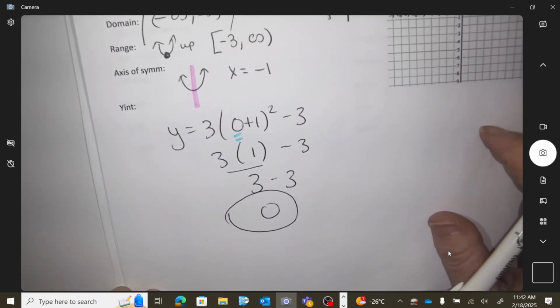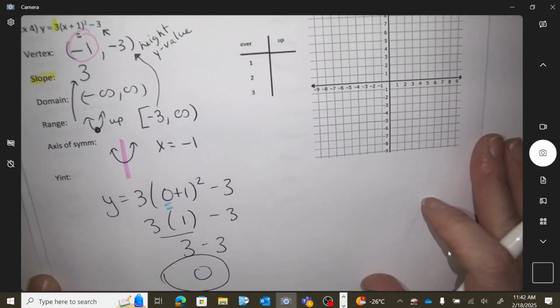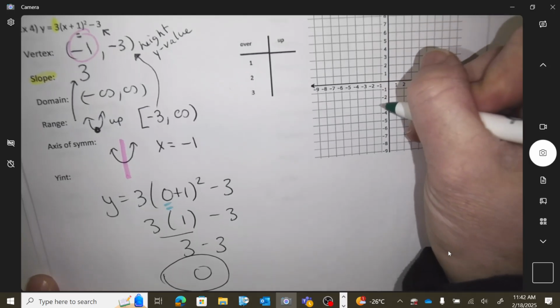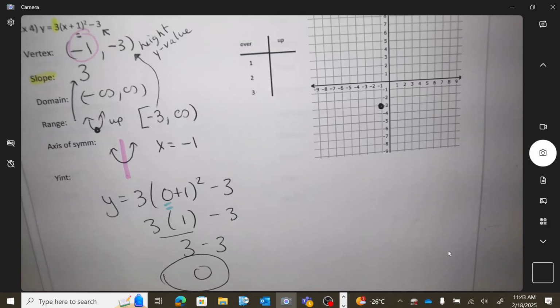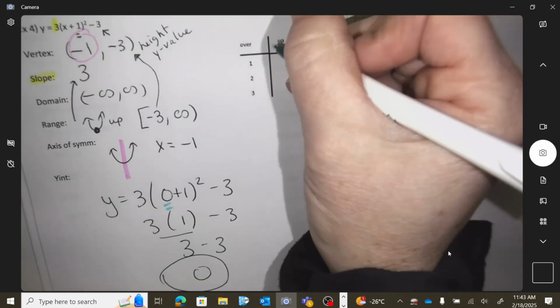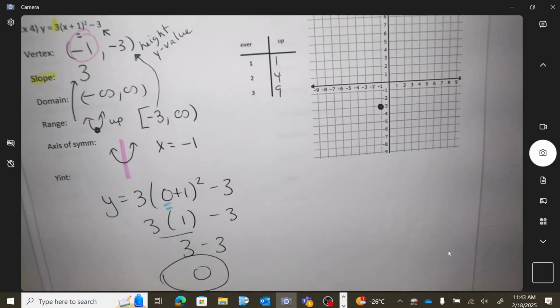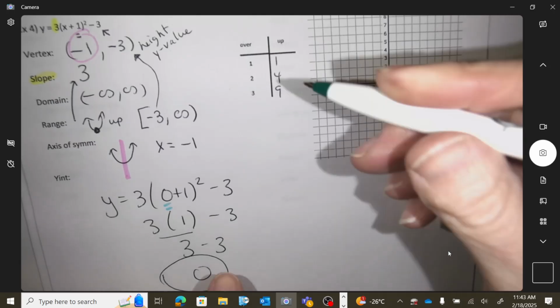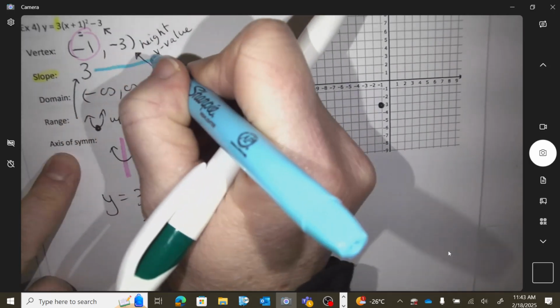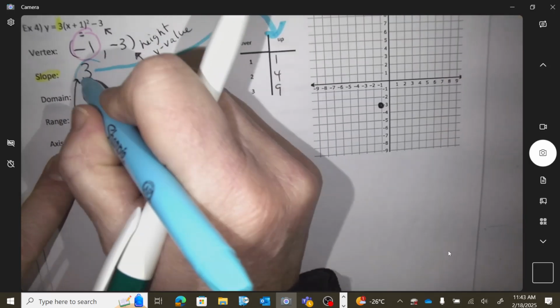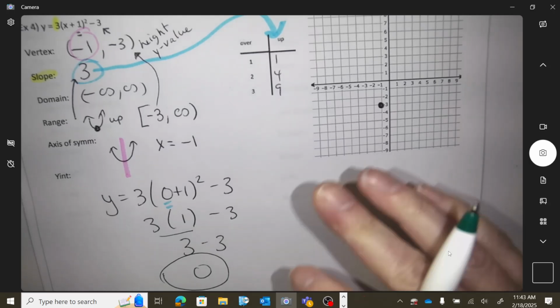Okay, so let's see if our graph matches what we thought. So -1, comma, -3. Okay, now we understand the pattern. 1, 1, 2, 4, 3, 9. That should just flow right out of your brain now. Except I'm not going to do that pattern because I have a slope multiplier of 3.